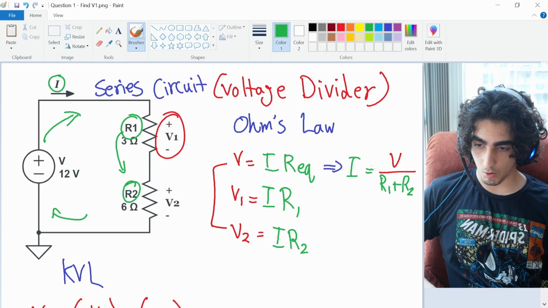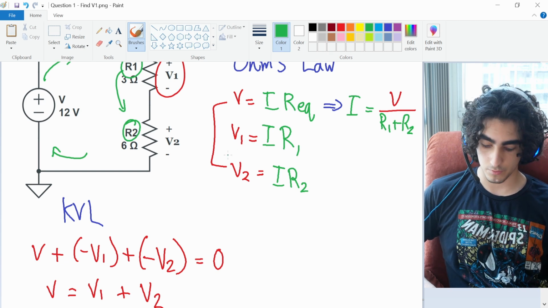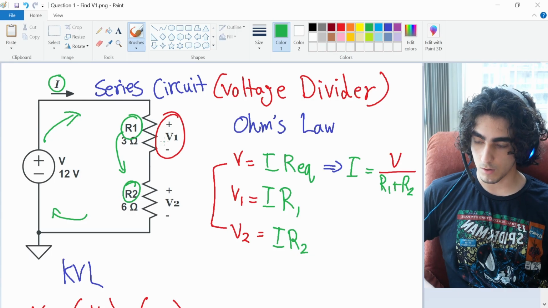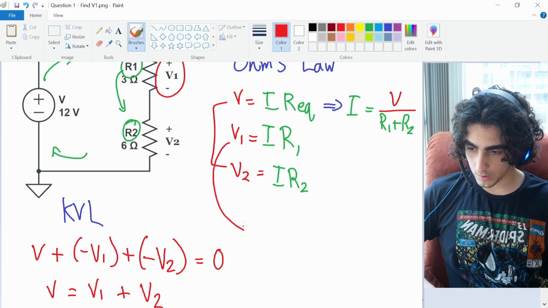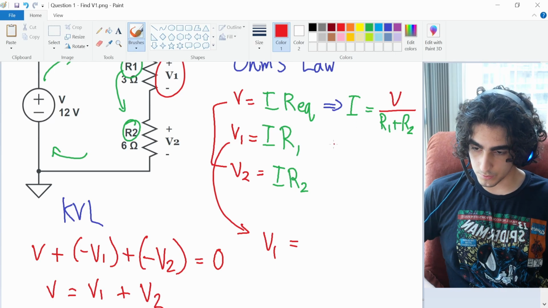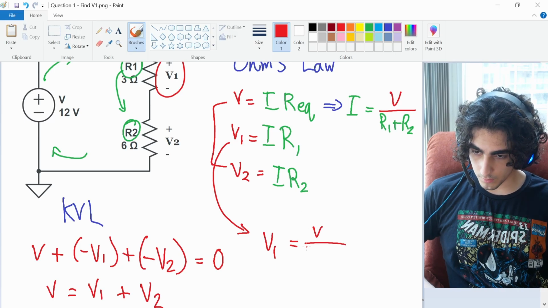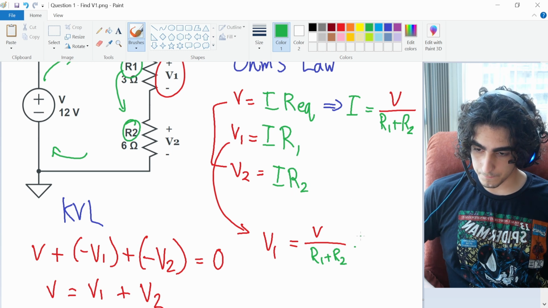And that's our current. So all we have to do now is plug this current into this equation, because this is the equation for V1, the voltage drop across R1, and that's what we need to find out. So if I bring this down here, we can say that V1 is equal to, I is equal to V over R1 plus R2, both multiplied by R1, which is in our original V1 equation.